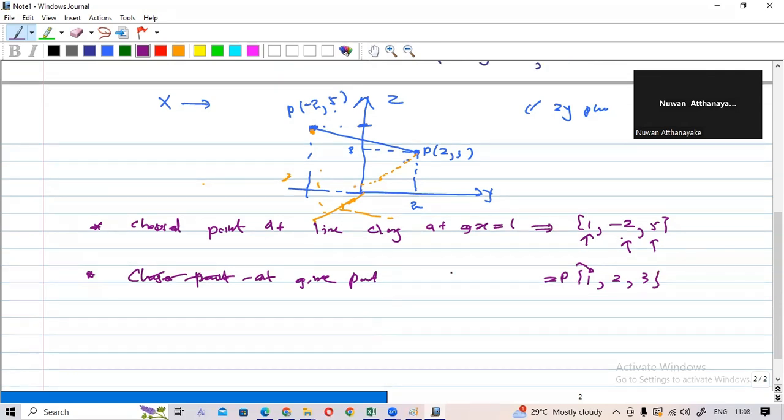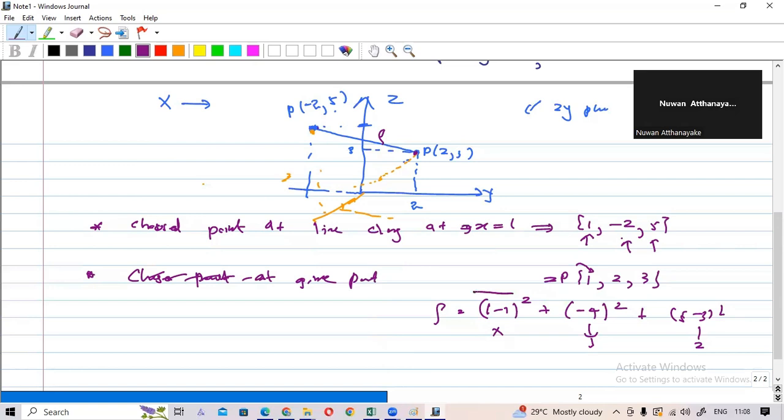So here the rho is the distance from this point to this point, so you can use the Pythagoras theorem. 1 minus 1 squared is the x coordinate, then -2, that is 4 squared, is the y coordinate, plus 5 minus 3 squared is the z coordinate.